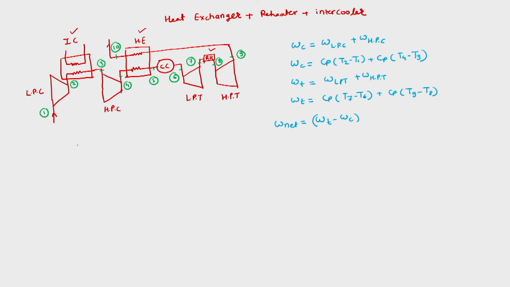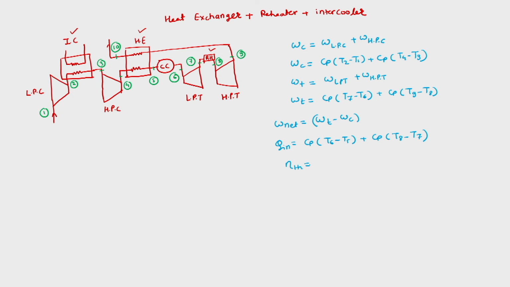But what is Q in? Here Q in is again in two places, one in the combustion chamber and one in the reheater. So the combustion chamber is Cp into (T6 minus T5) and the reheater is Cp into (T8 minus T7). So this is the arrangement for all the attachments, and this is the expression for Q in.